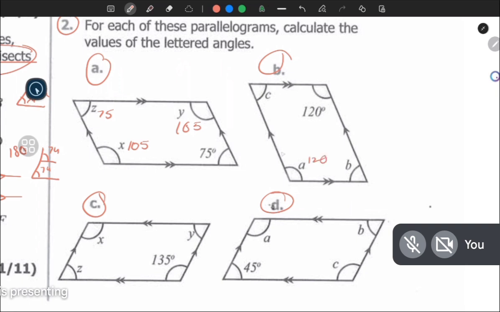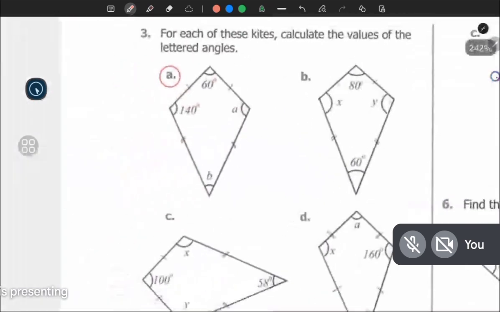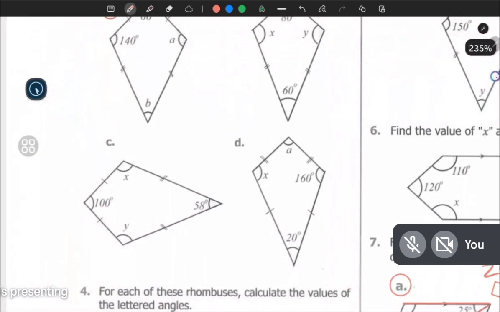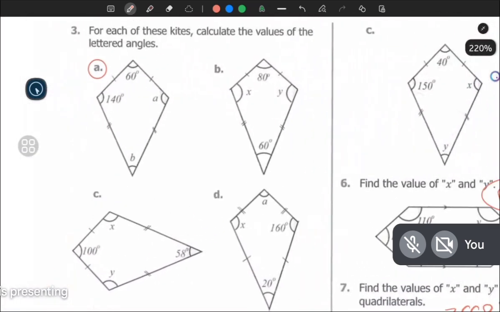Then 60 and 60. 125, 45, and 45. So yeah. Good. 135. Right? Okay. Can you do these?